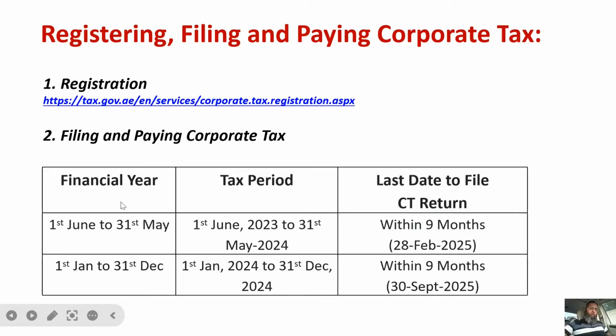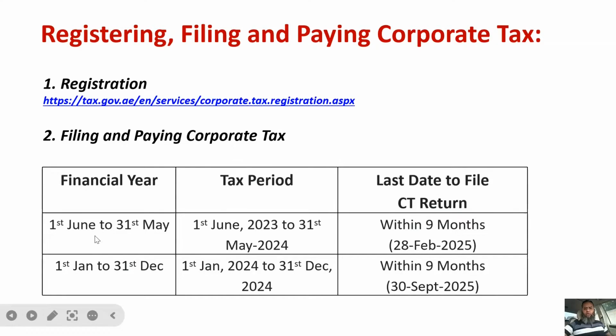So in the financial year, the Federal Tax Authority in UAE is giving you two options. Either you can choose your financial year as 1st June to 31st May, or you can choose from 1st Jan to 31st December.